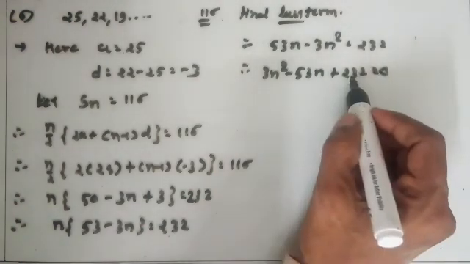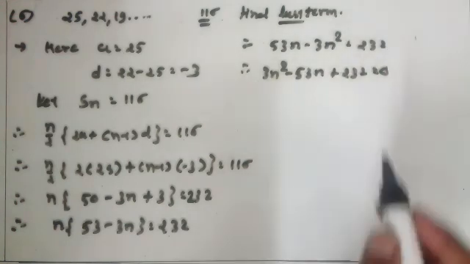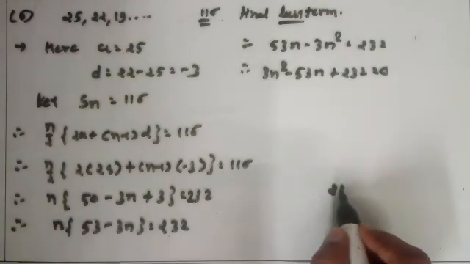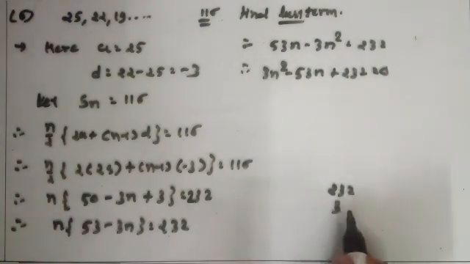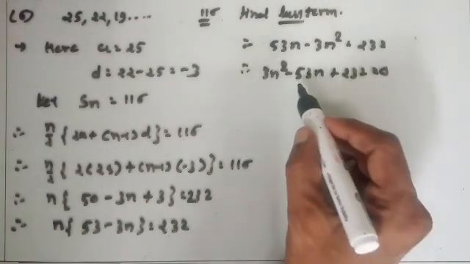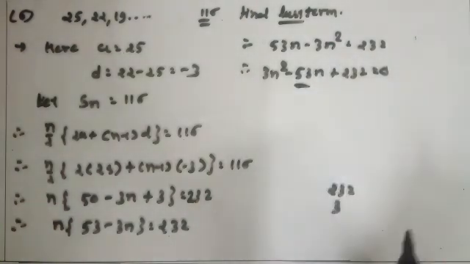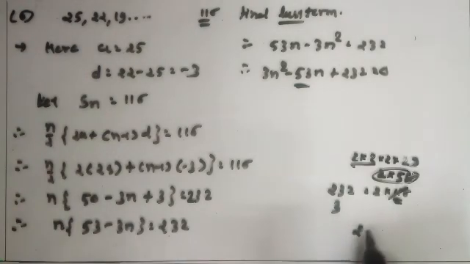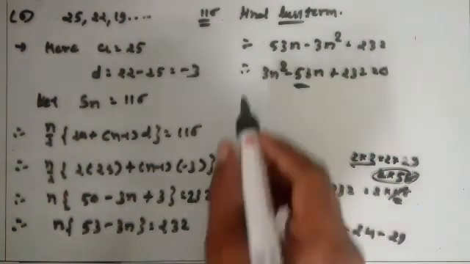Now 232 into 3, divide this product in such a way that the sum of these two numbers becomes 53. So 24 and 29, and the sum of these two becomes 53, and apply the minus sign to both.